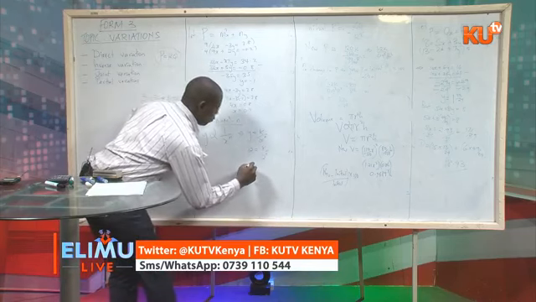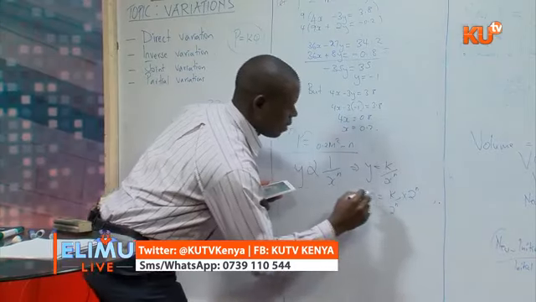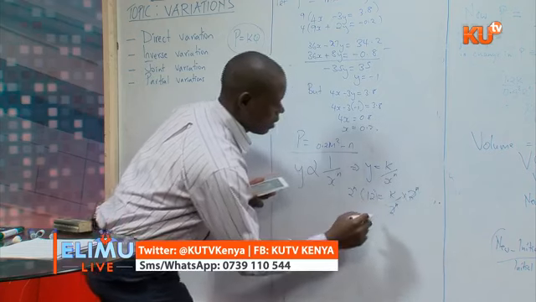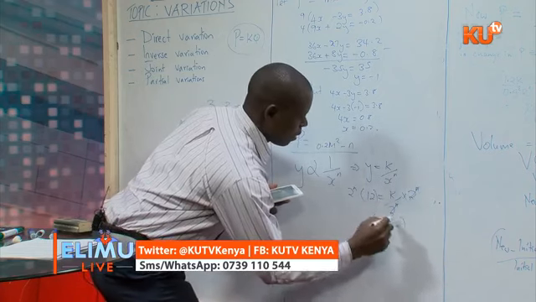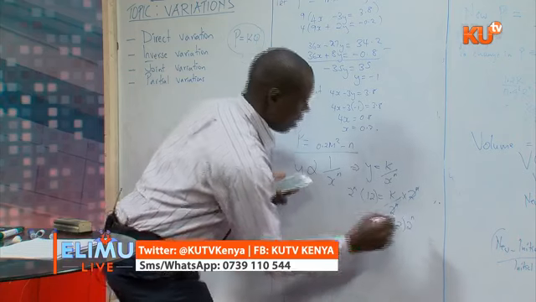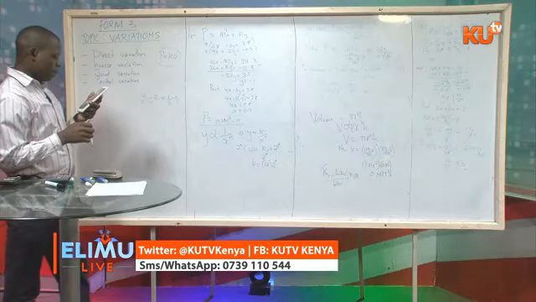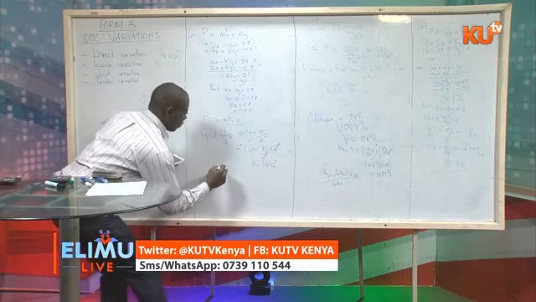This means that we multiply by 2 power n on both sides, so this cancels out. Our k is 12 times 2 power n. And again, you're told that when y is 3, x is 4.